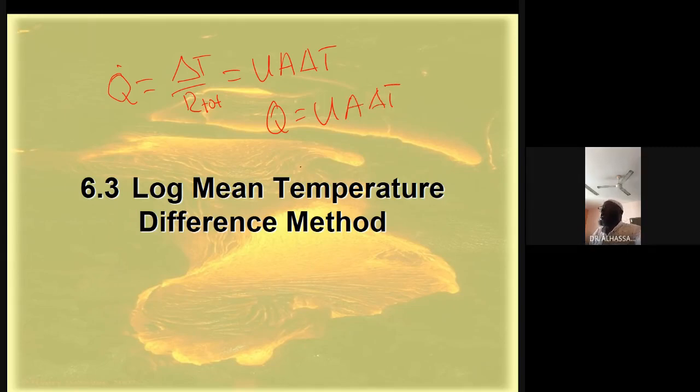So if you know U, the overall heat transfer coefficient, and you know the value for A and the delta T, you can easily find the rate of heat transfer.